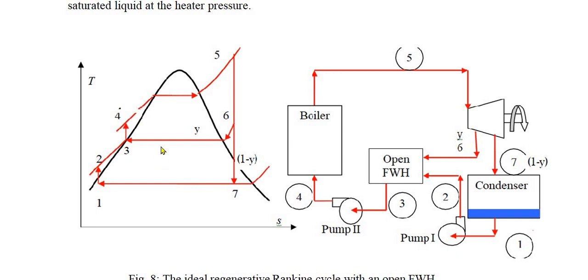Now come to the TS diagram. At 5, 1 kg of steam is entering. At point 6, we are trapping y kg. That means 1 kg is expanded from 5 to 6, and if you take y kg from 1 kg, the remaining is 1 minus y kg. 1 minus y kg is expanded from 6 to 7. So 1 minus y into 6 to 7, plus 1 into 5 to 6, is the work done by the turbine.